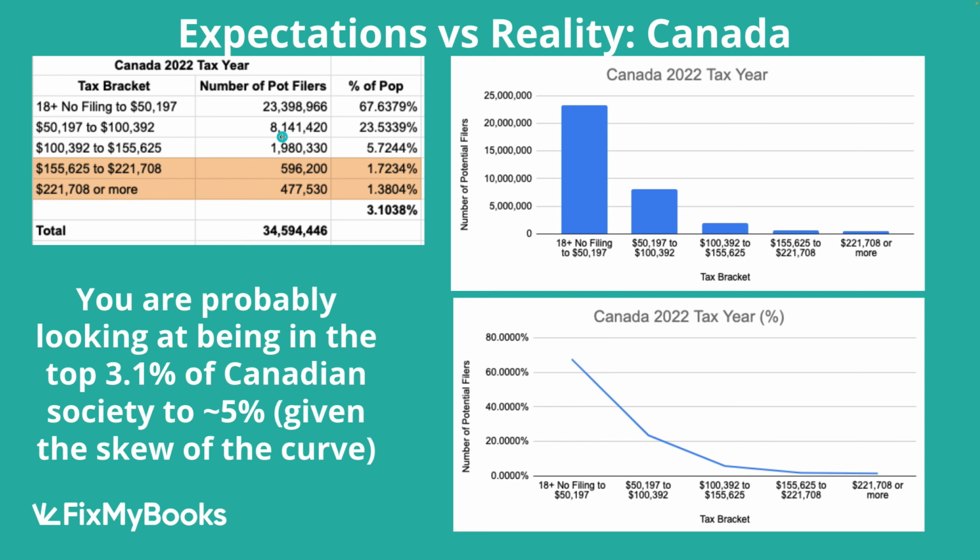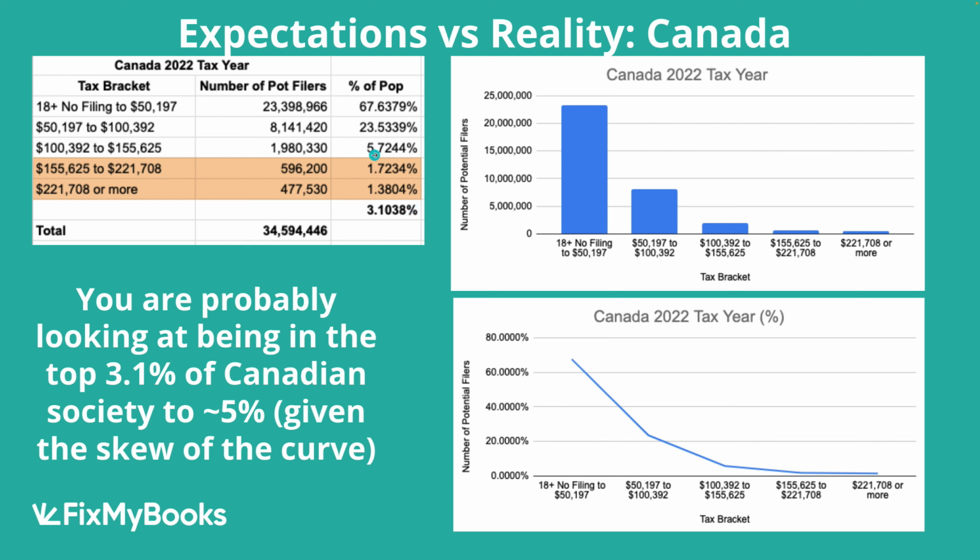Now, when you get to this area here, this is what we're really looking at, the 140,000-plus people, because this is 155, right? And you've got to look at it in terms of the skew. 155 plus, that's 3.1% of the population in Canada that has the potential to file, 18 plus.